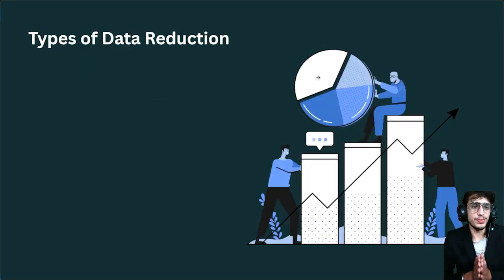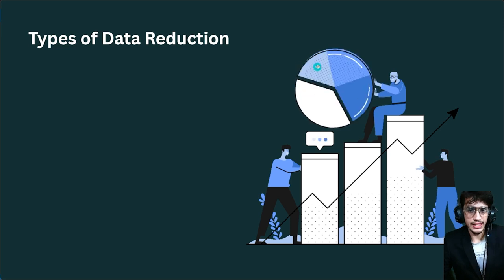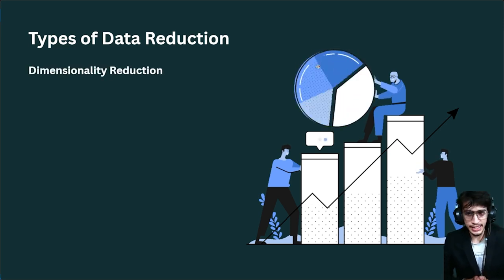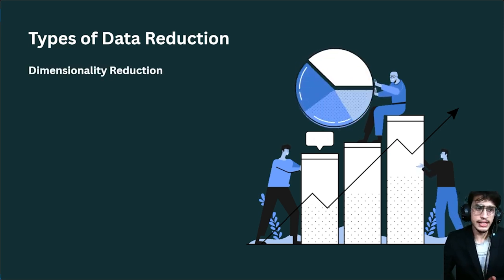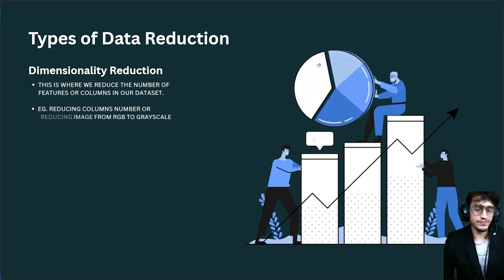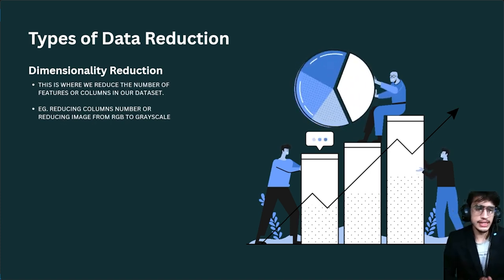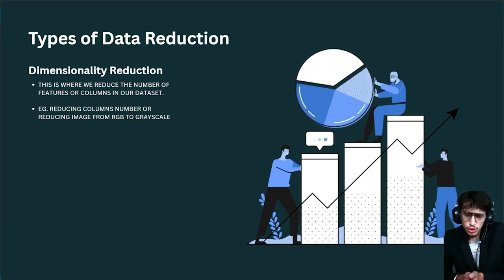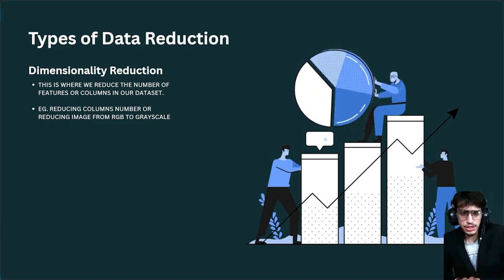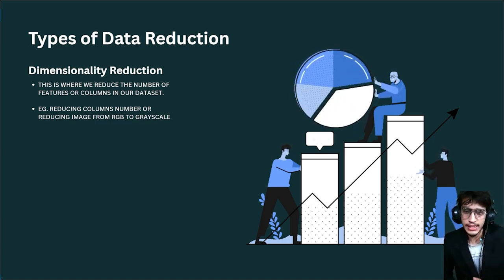Okay, so what are the types of data reduction? There are majorly three types. First is dimensionality reduction. In dimensionality reduction, we lower the number of columns, or features, in our data sets.